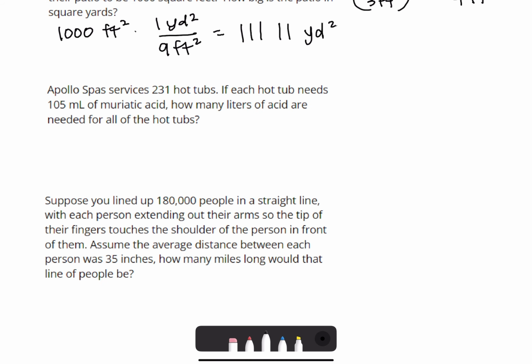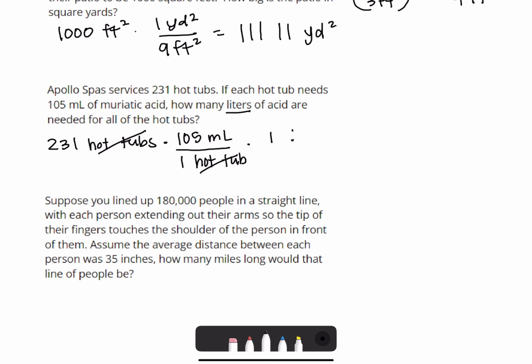Okay, next we are talking about 231 hot tubs, and each hot tub uses 105 milliliters of this acid. So I'm going to do this as a unit conversion. So the hot tubs cancel with hot tub, and it's asking us how many liters.